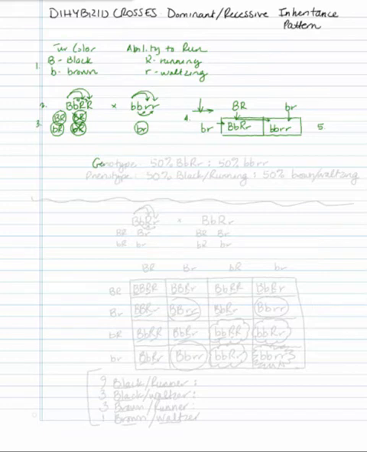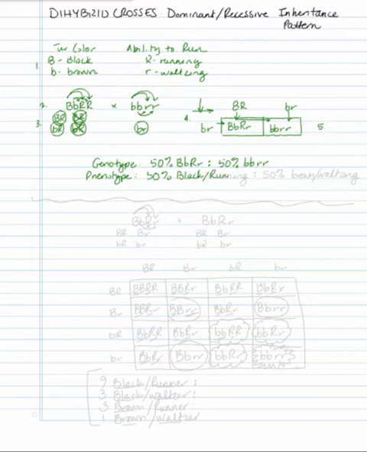For this one, my genotype ratio will end up being 50% big B, little b, big R, little r, to 50% little b, little b, little r, little r. My phenotype ratio will end up being 50% black running.